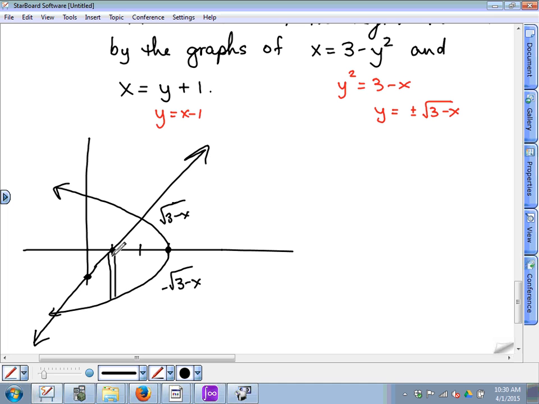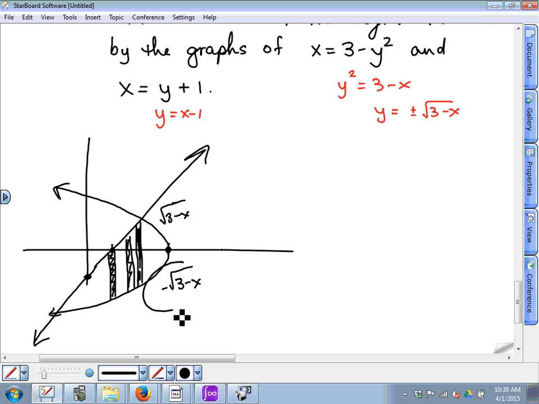The problem is, if we take this rectangle and shift it over to here, and then over to here, which two functions do all of these three rectangles involve?